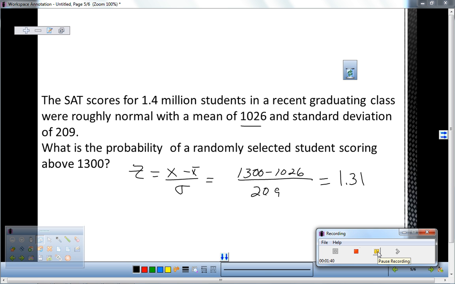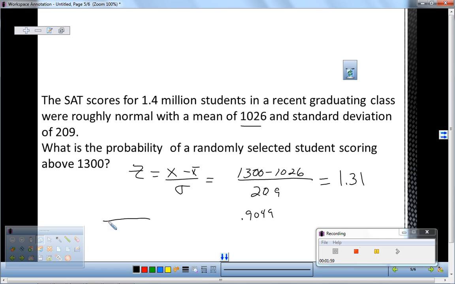We found a table value of 0.9049. Well, if we were wanting everything below 1300, or at the most 1300 and everything backwards, we'd be done. That'd be our value. But we're not. We're looking for everything above.